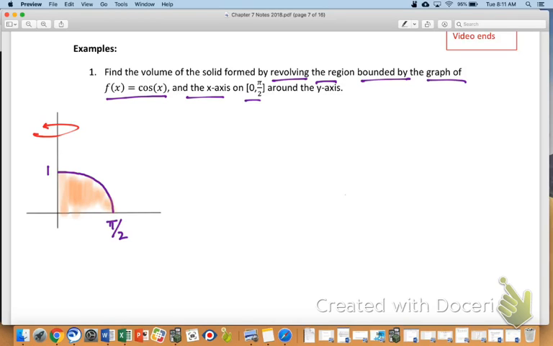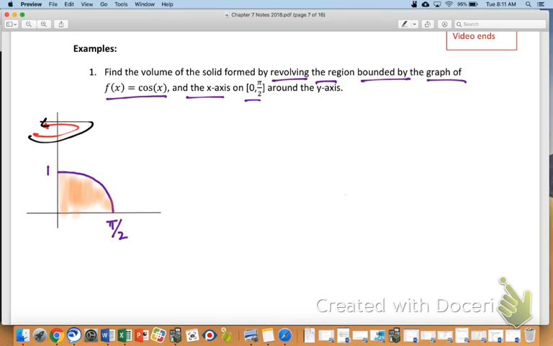What I'm getting at is, I've got this axis of rotation right there. Should I draw my representative rectangle like that, or should I draw it like that? So what's the relationship between the axis of rotation, in this case the y-axis, and the representative rectangle? What's the relationship we're looking for?